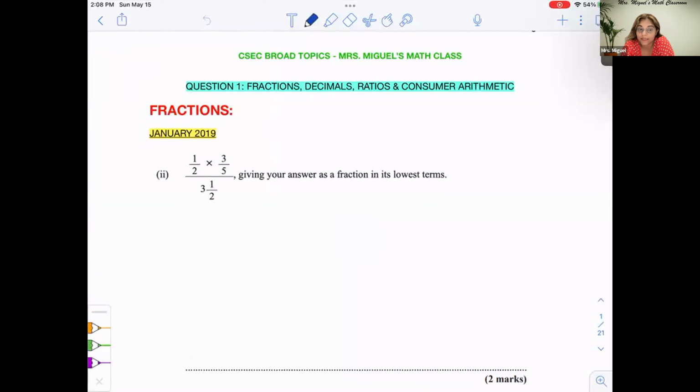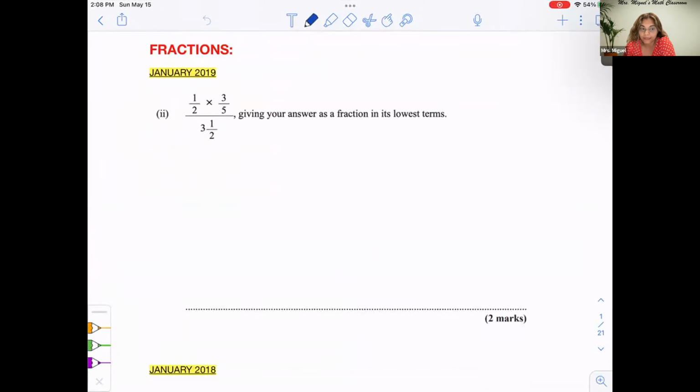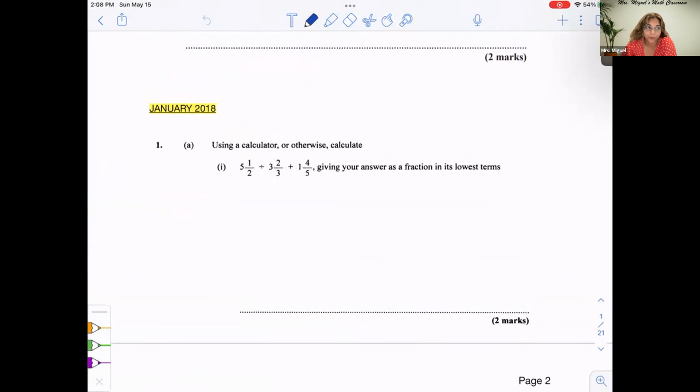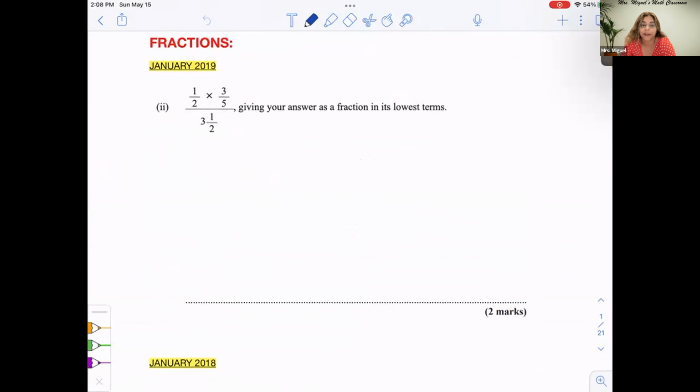Now, I notice that we have done quite a lot of fractions, decimals and ratio, but we need to keep revising. So I put together a worksheet with some questions, and I am going to do the questions with you. There's no need to write the question. The worksheet is going to be provided to you at the end of the class.